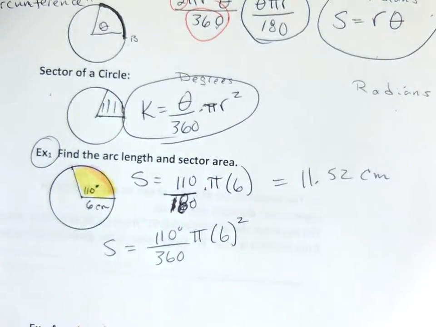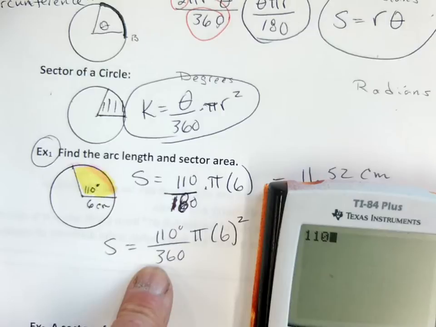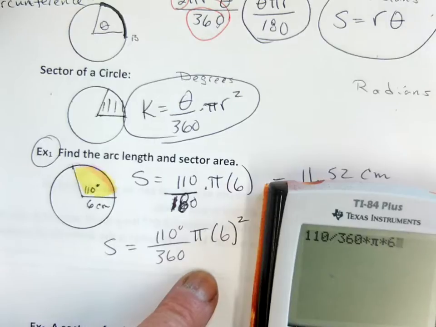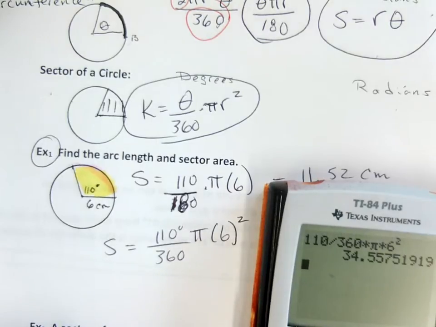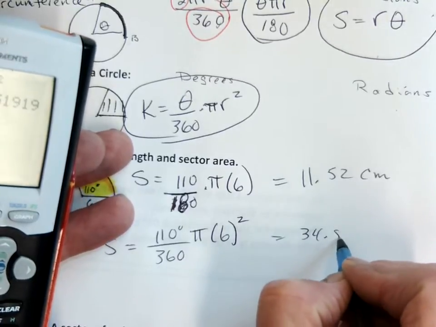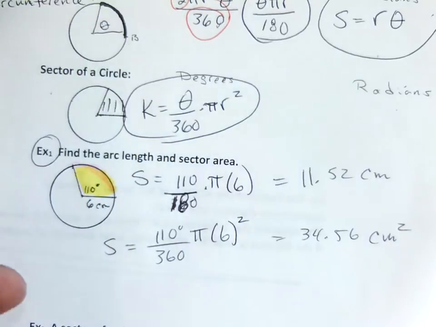Pretty easy. I mean, a kid in geometry could do this, right? Except for the radian part. That you don't know about that. 110 divided by 360 times pi times 6 squared, and I get an answer of about 34.56 centimeters squared, because it's area, right?